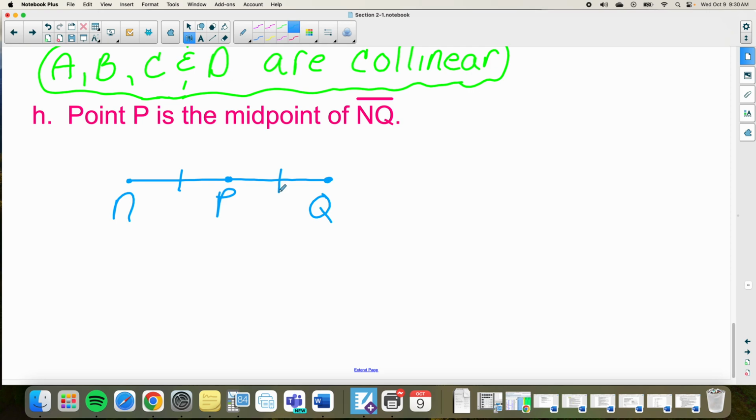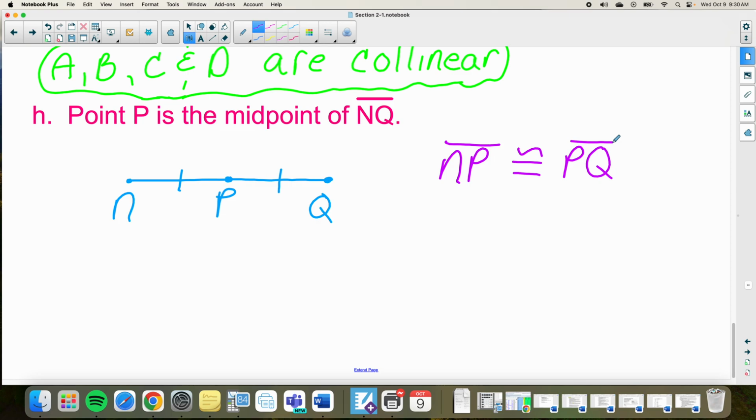And one thing I'll tell you is sometimes more than one answer would work. Like somebody could say here, N, P, and Q are collinear, and that's true, okay? But a more specific thing that I would like you to say when it's a midpoint is that NP is congruent or equal to PQ.